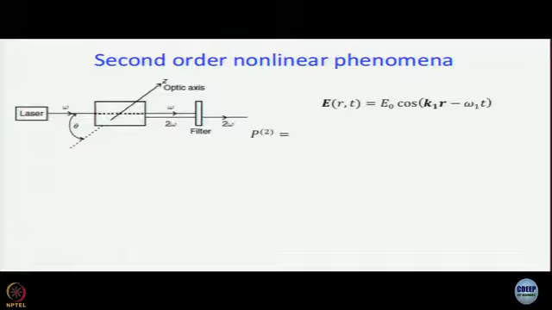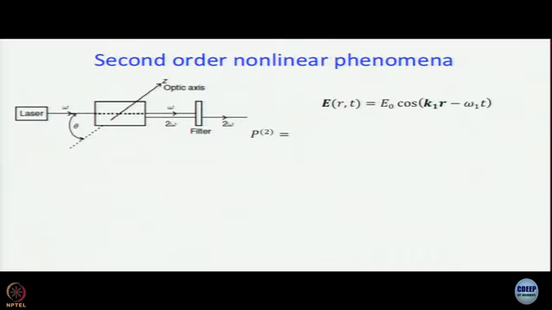So, what will be the second order term for polarization? Chi second order multiplied by E square. What is E square here? E is equal to E0 cos of k1 r minus omega 1 t. So, what is E square?